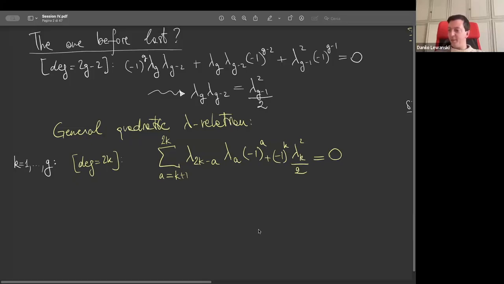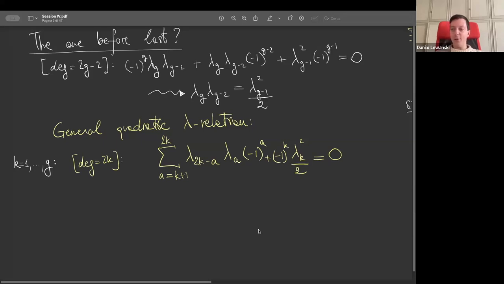But when you don't have a lot of lambdas, we do have closed formulas. This was initially related to the lambda g conjecture. For example, if you take the integral over the moduli space of curves, M_{g,n} bar, of lambda g times a monomial of psi classes, then now we know this is a very nice answer.